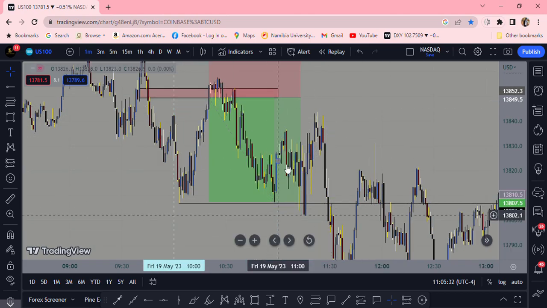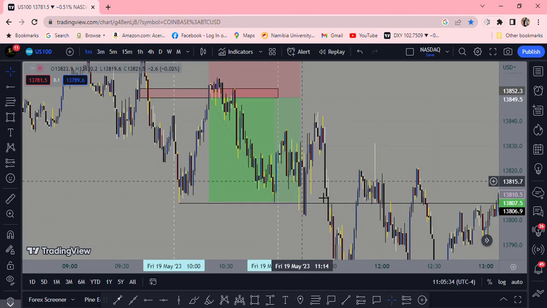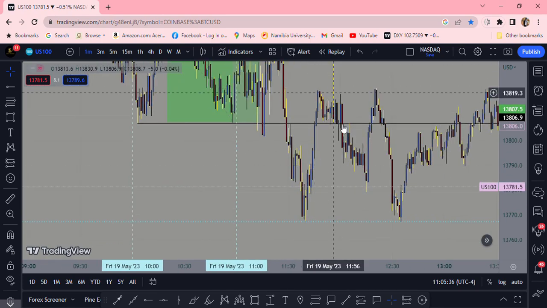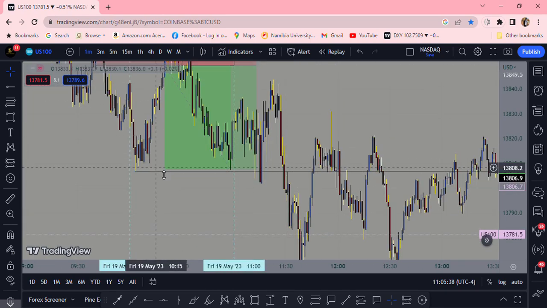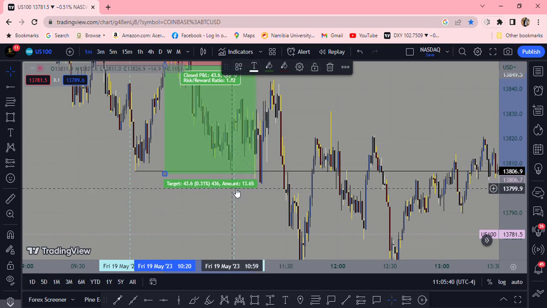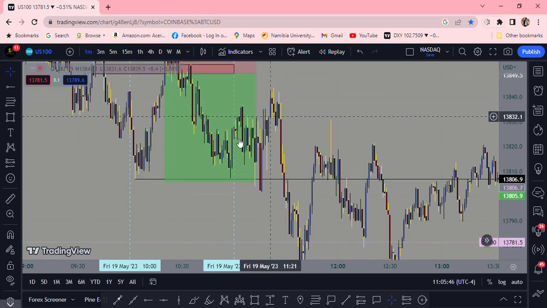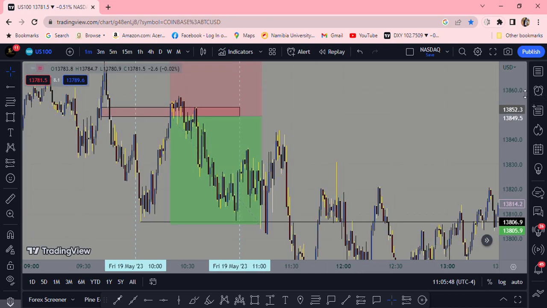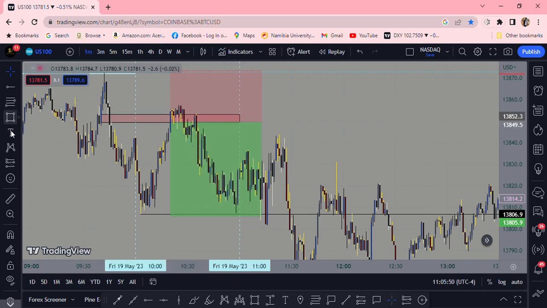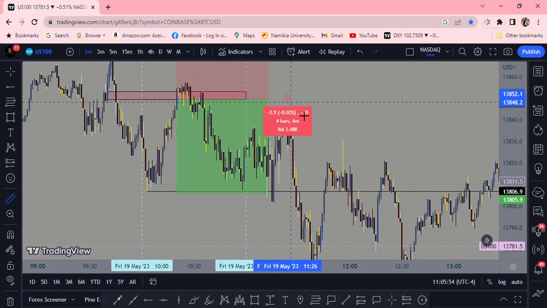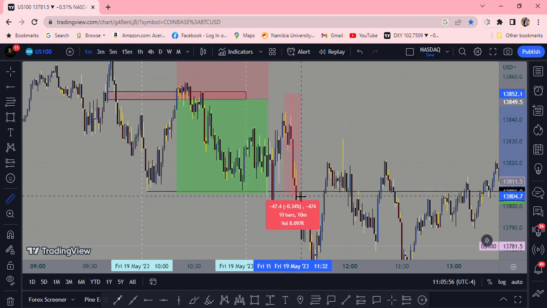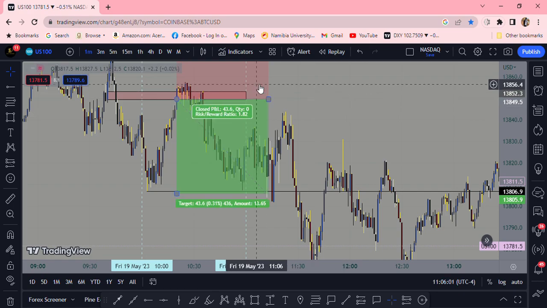What happened is this was Jerome Powell speaking, but I closed my trade at that time because of when he spoke. So yeah, I'm just going to target 10 pips, guys, 10 or 20 pips. But yeah, I got 49 pips. Damn.